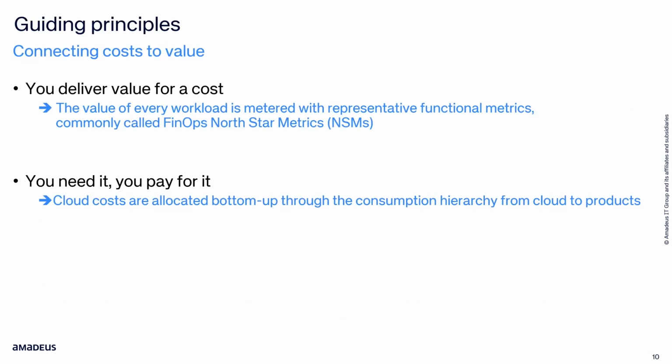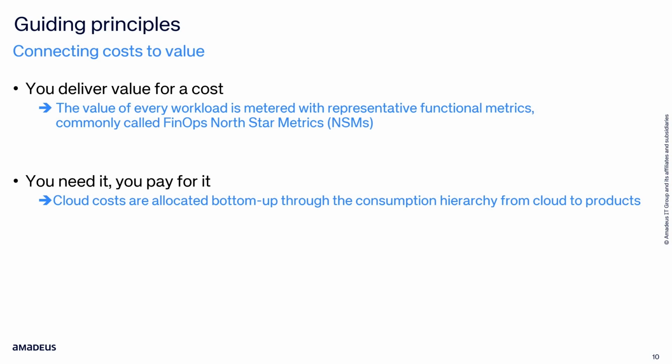The second principle is about allocating the cost from providers to consumers. For example, a container platform has a cloud cost, but it has no own purpose. It's used by the service running on it. Thus, the cloud cost of the container platform must be allocated to its consumer services.